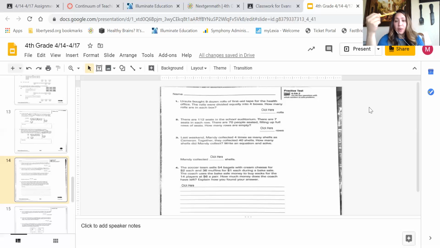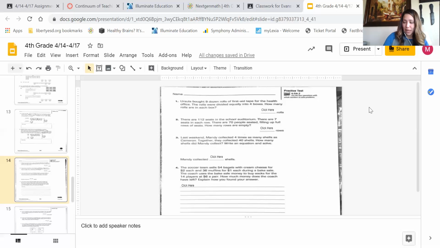Okay. So I need to think, 16 rows, 70 people seated. So I need to think, 112 seats, 70 people are seated. So this is where it can get confusing. I know I have 16 rows, okay, 16 rows total.